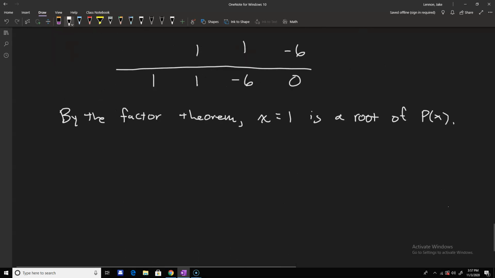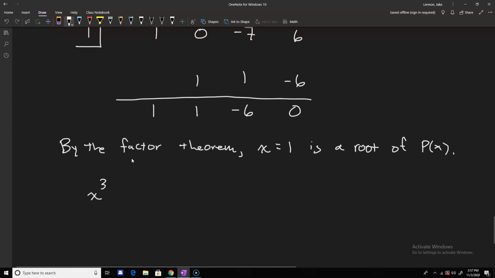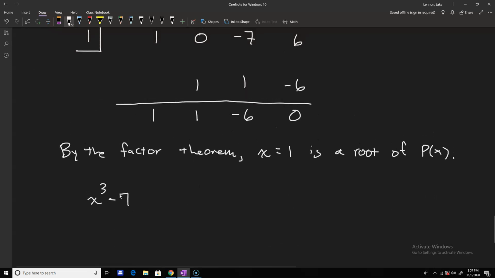If you take that p of x, x cubed minus 7x plus 6, it factors into exactly the thing you were dividing by, the x minus 1, times that result we have up here. The remainder is 0. Our degree 2 term is x squared. Then we have an x, and then we have a constant term of minus 6. So it's going to be x minus 1 times x squared plus x minus 6. And that's actually the factorization.